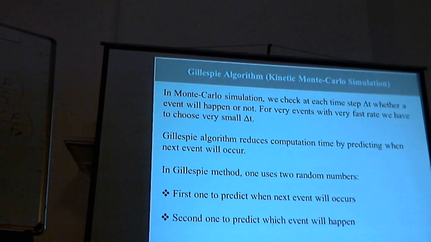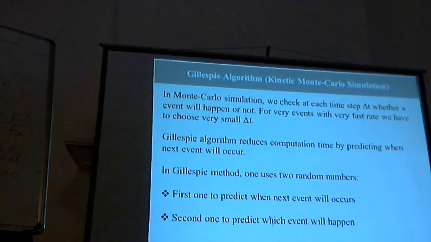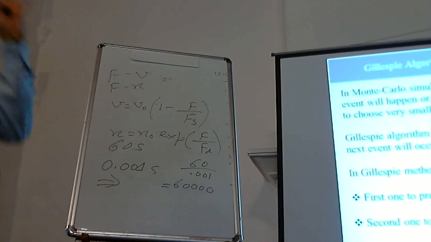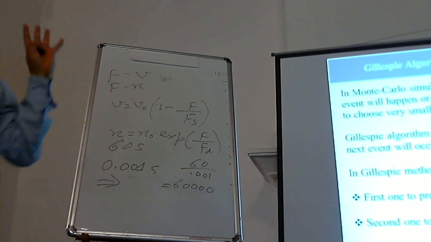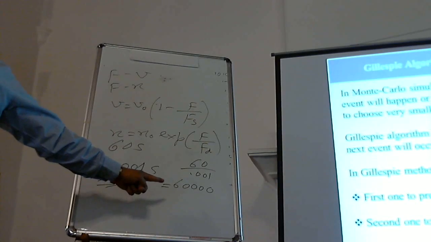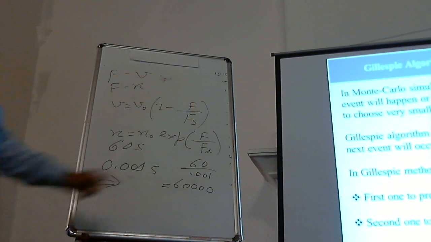How many times do I have to run the program? 60 divided by 0.001 is 60,000. So in order to complete a 60-second simulation, I have to do an iteration 60,000 times. Every time, I check whether a stepping event can occur or not, and whether a detachment event can occur or not.